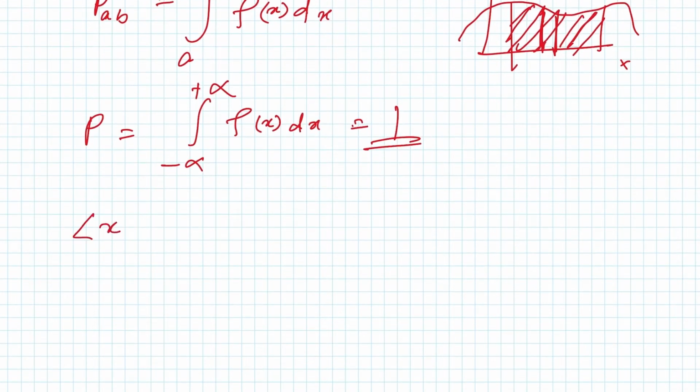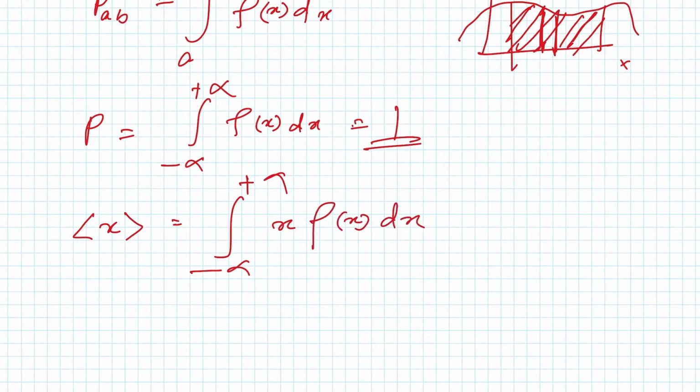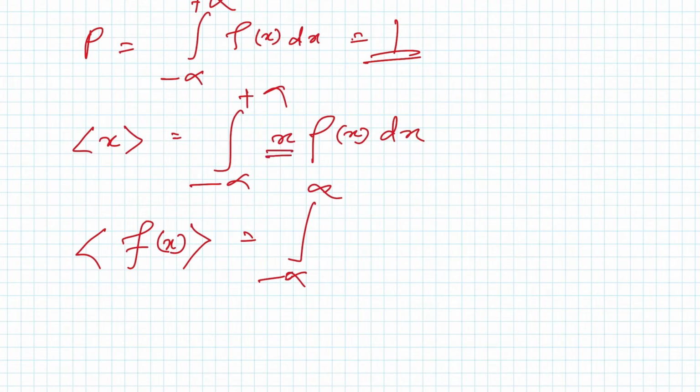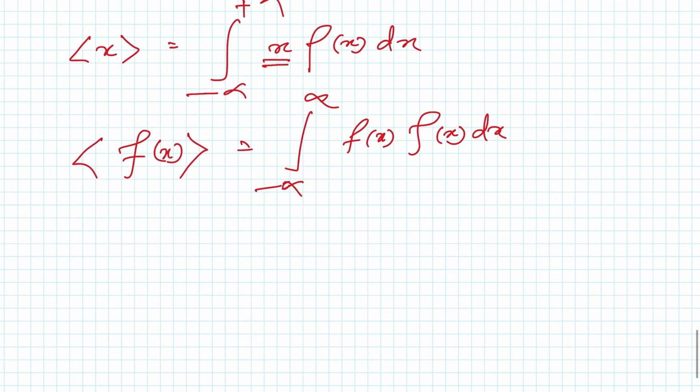Now similarly, the average of x, this particular observation, from minus infinity to plus infinity can be written as the integral of x into rho, not p, sorry, probability density, x dx. Similarly, the average of a function of x we can write simply as the integration from minus infinity to plus infinity, replacing this x by f of x, into rho dx. And similarly, we can find the standard deviation.